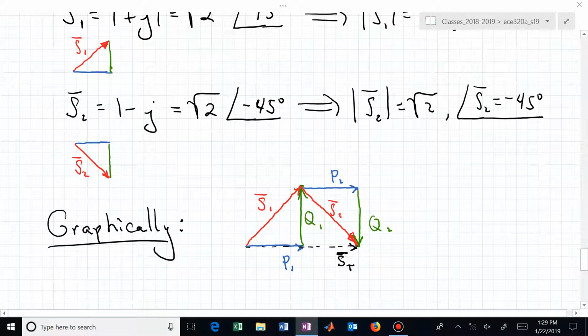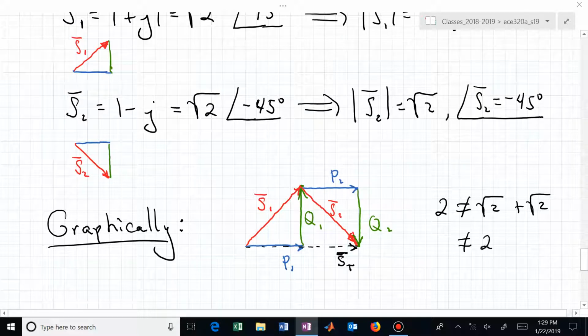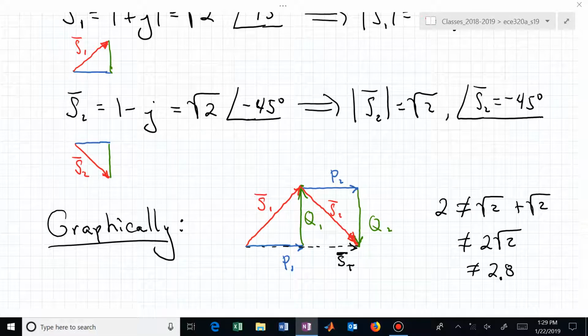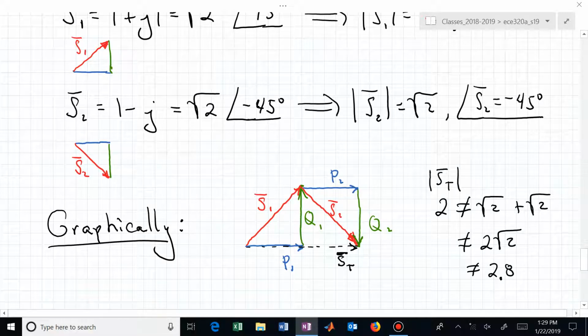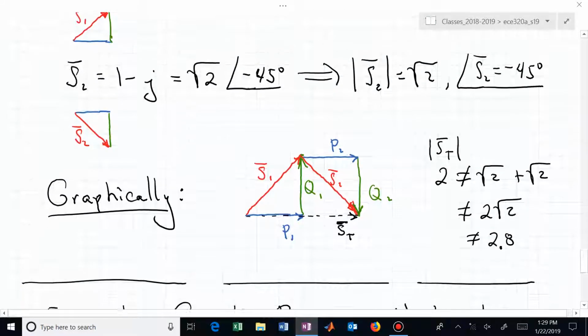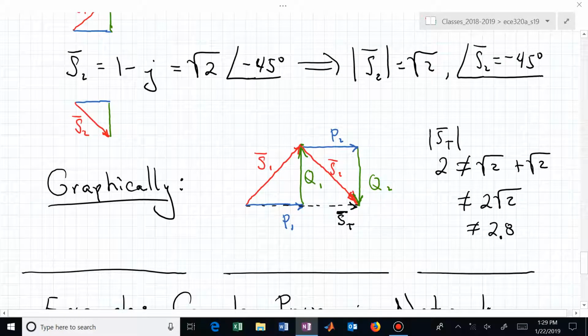Meaning, I hope you can see that 2 is not equal to the square root of 2 plus the square root of 2, which is 2 times the square root of 2, and that's 2 times 1.4, or 2.8 roughly, and hopefully you can see that 2.8 is not the same as 2, so we can't have, in general, the apparent power equal to the sum of the apparent powers of the subsystems.